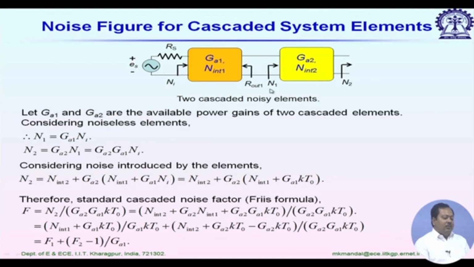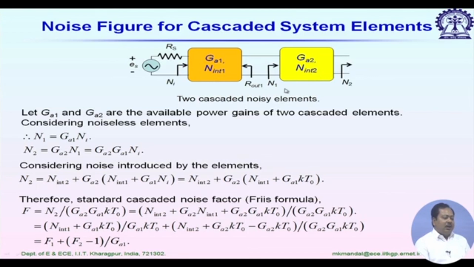N1 is whatever falls on the left hand side of the second component, so this is the output noise power from the first component. If I first consider noiseless components, that means N internal 1 and N internal 2 are 0.